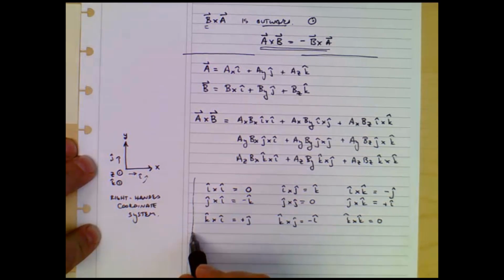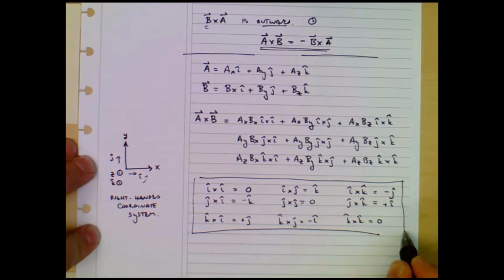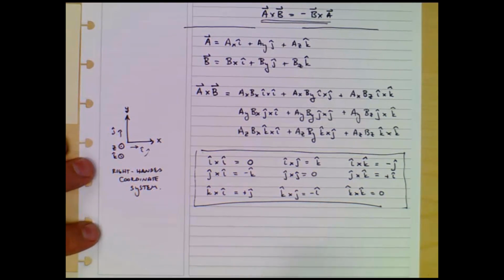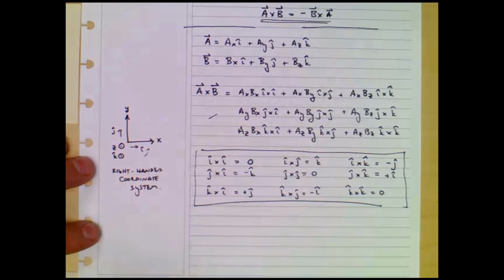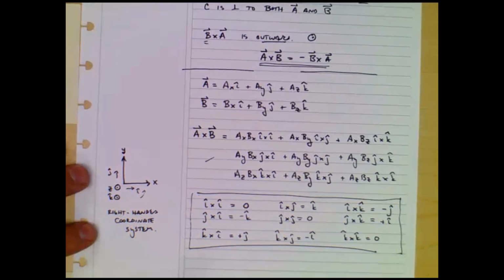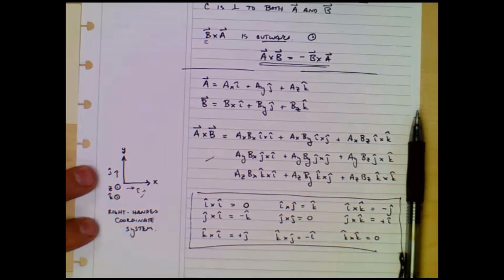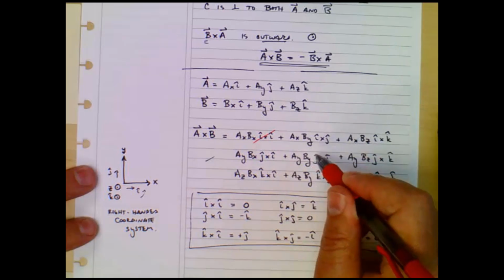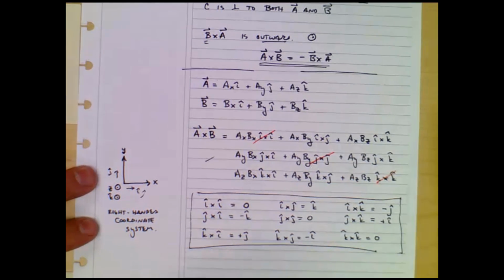All right, there is my table of basic unit vector cross products, which then allows me to evaluate what's up here, a cross b. I'm going to do that relatively quickly, but again, you can pause and check it out yourself. All of these go to 0.